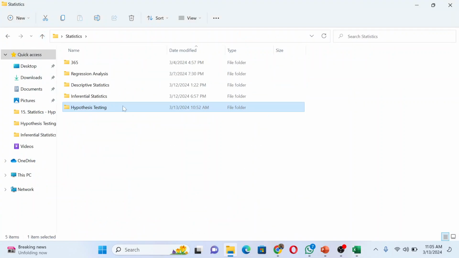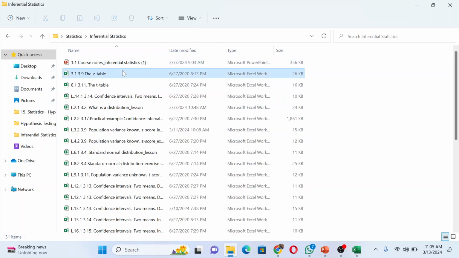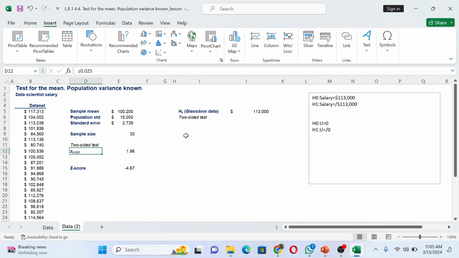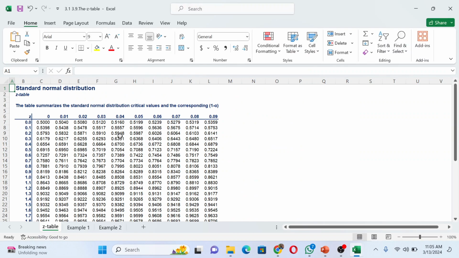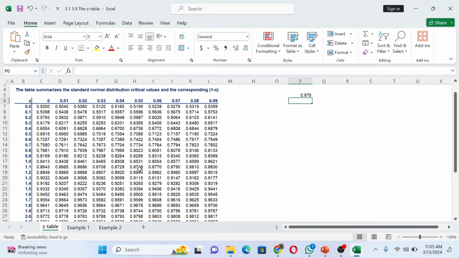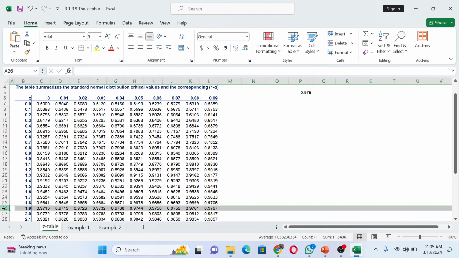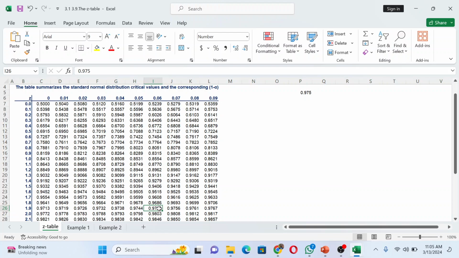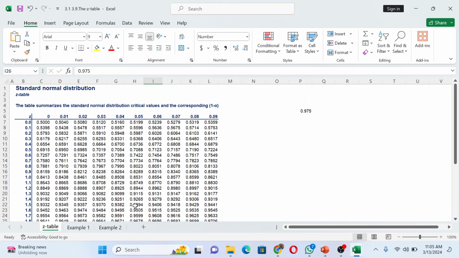Let me look for the Z table. It was in inferential statistics. 0.025, it is now 1 minus 0.025, so we look for 0.975. Yeah, 1.96. So that is 1.96.